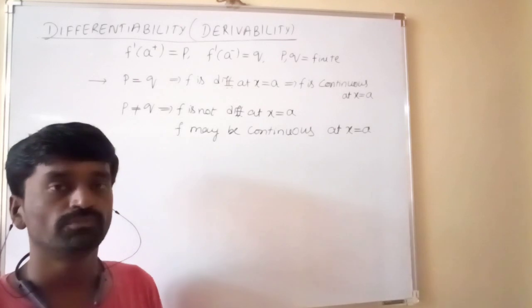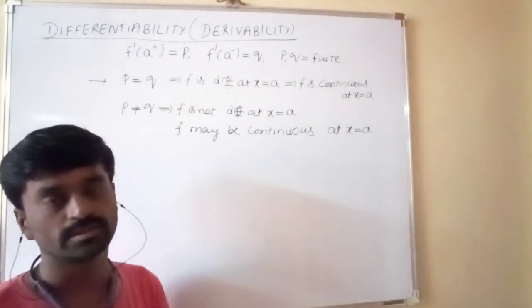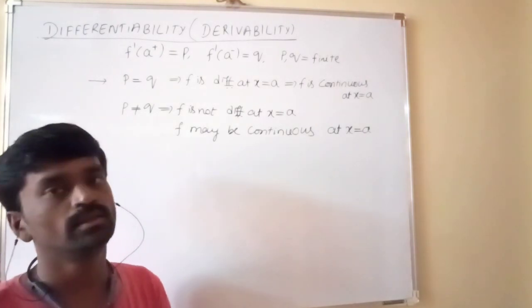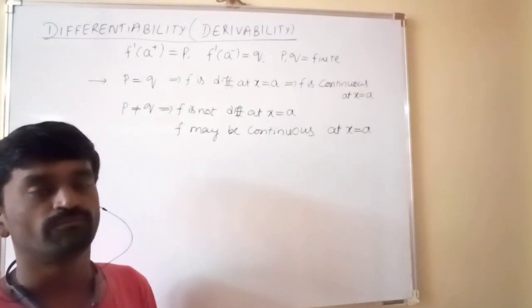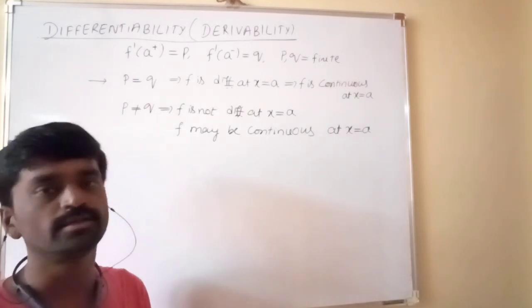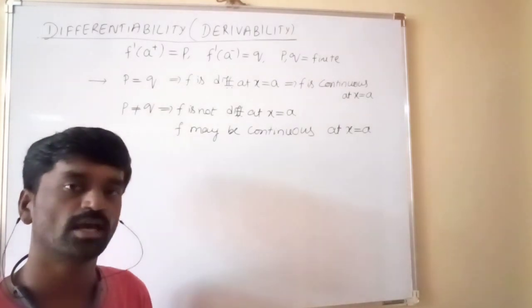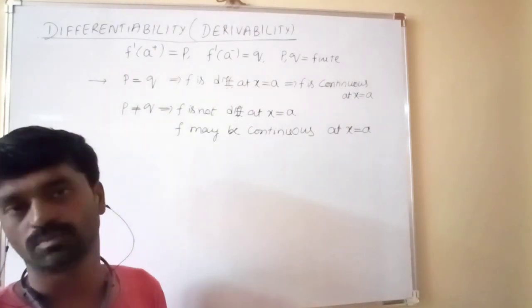So remember, if f is not differentiable but it is continuous at x is equal to a, geometrically its meaning is the graph of the function has a sharp edge at that point.